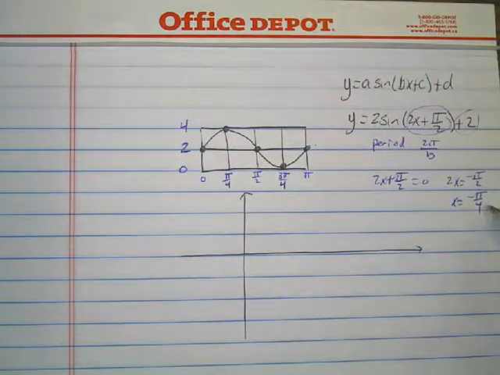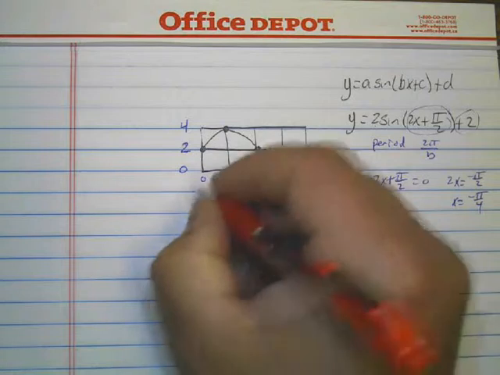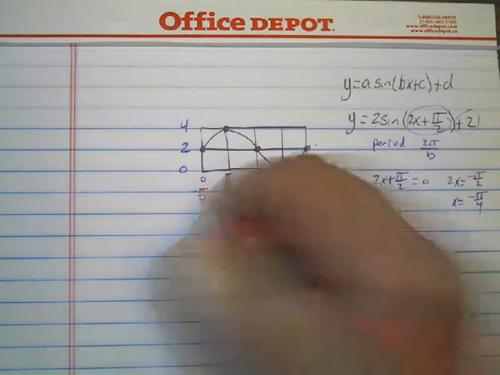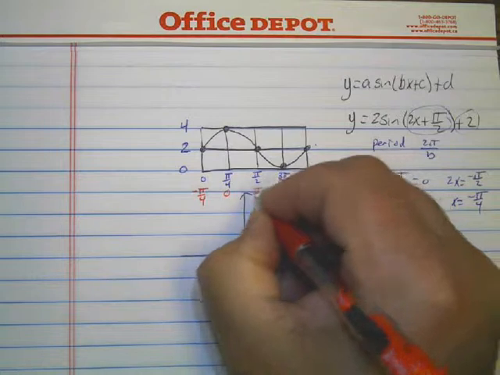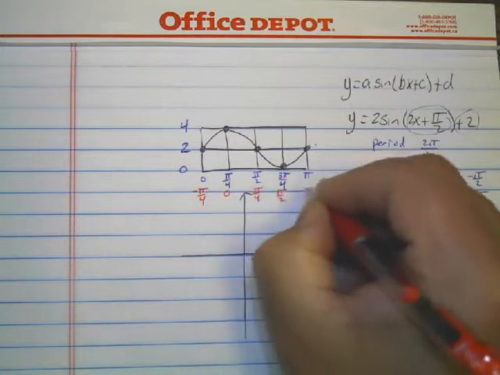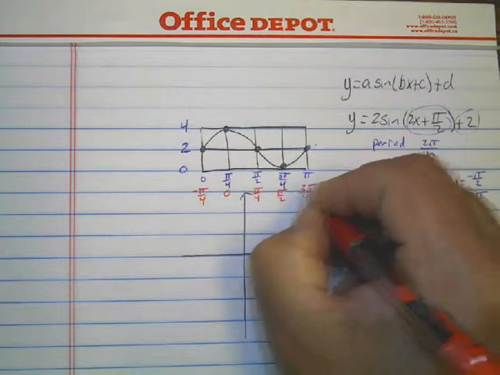What this tells us is that this graph is shifted left by pi over 4. That's why it's negative pi over 4. To put that on the graph, all we would do is put this as minus pi over 4. It's always the same value right here. And then subtract pi over 4 from each of these. And those are our points.